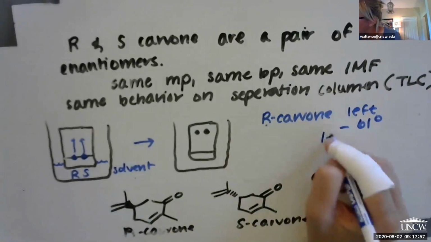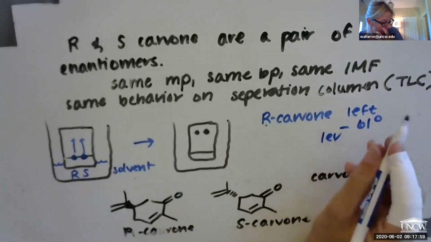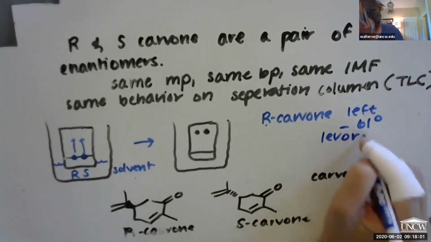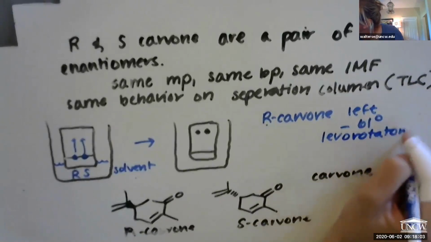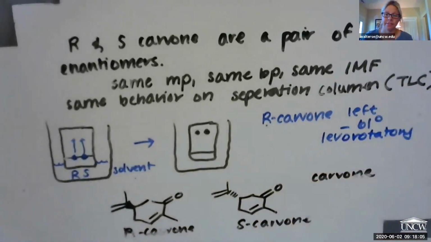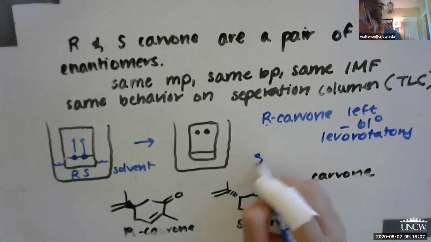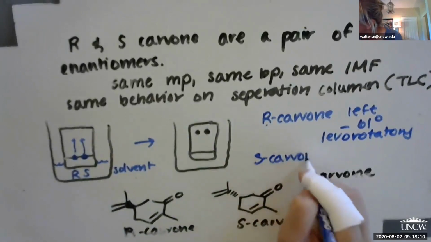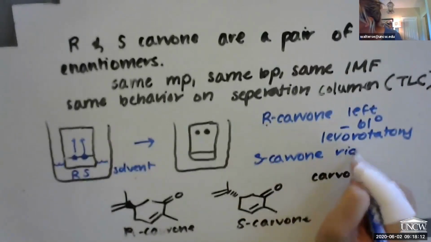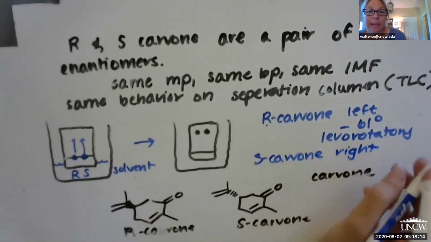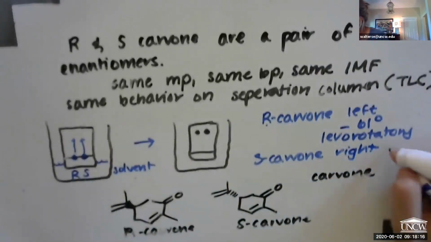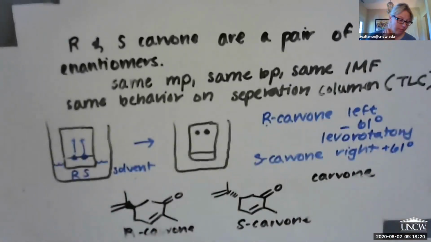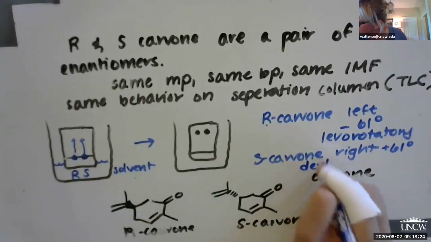That's called being levorotatory, which means rotate to the left. Now, S carvone will rotate the light to the right. Same magnitude, opposite direction, so plus 61 degrees. Those are called dextrorotatory.